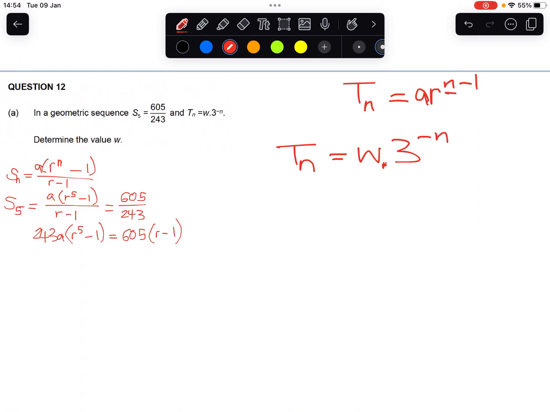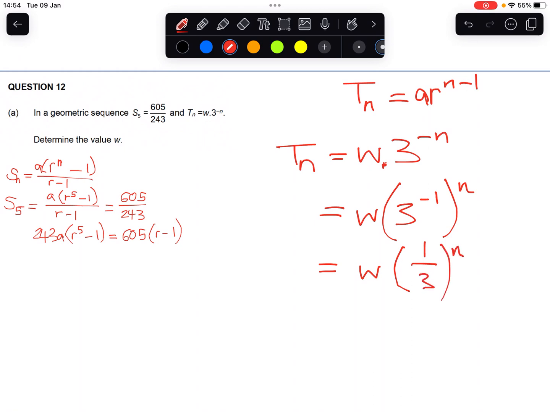Our n doesn't have a negative in front of it in the formula, so I'm going to rewrite this so that we have a positive n. This will be 3 to the minus 1, to the power of n, because if you raise to another power, you just multiply the powers. And that is pretty much the same as w times 1 over 3 to the power of n.